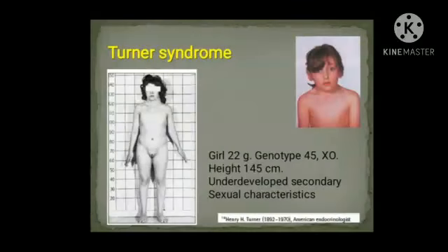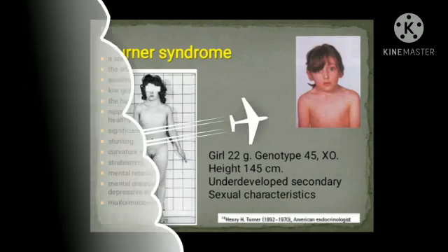The next is Turner syndrome, and its genotype is 45,X0. In the picture you can see the female phenotype, with very small height, for example 145 centimeters, and underdeveloped secondary sexual characteristics. This is Shereshevsky-Turner syndrome.